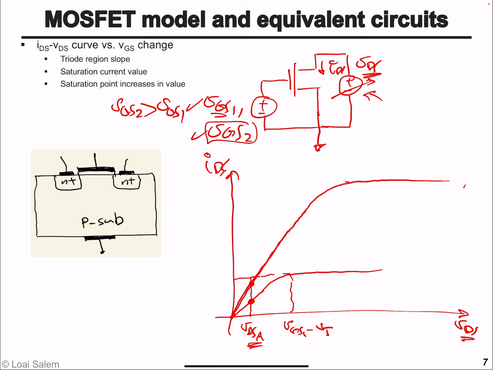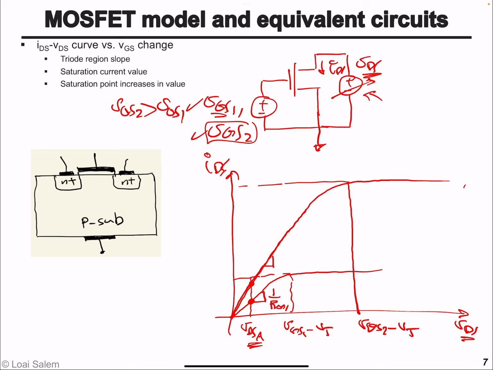And we said that the point at which it saturates is equal to VGS2 minus VT. So here there are 3 observations. The first one, the slope of the line in the triode region increased when we increased VGS. And we said that the slope of this line in the deep triode region is equal to 1 over R on, the equivalent on resistance.